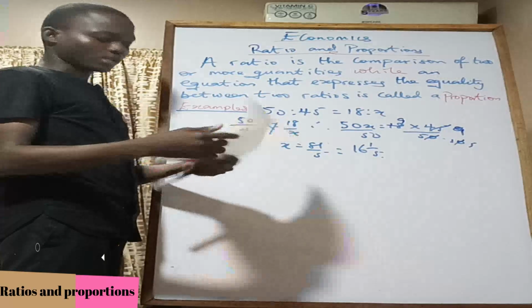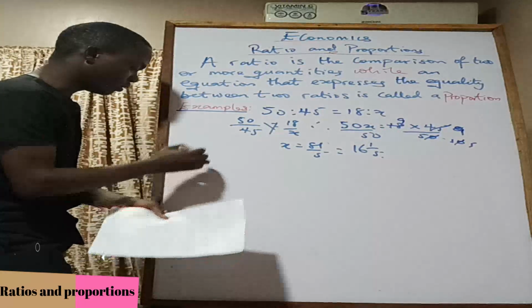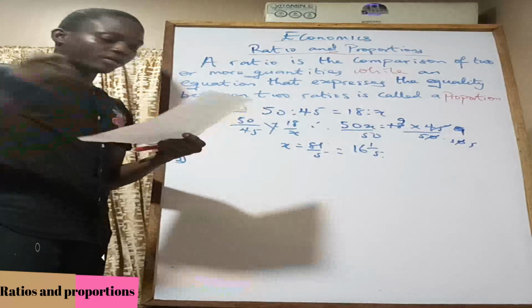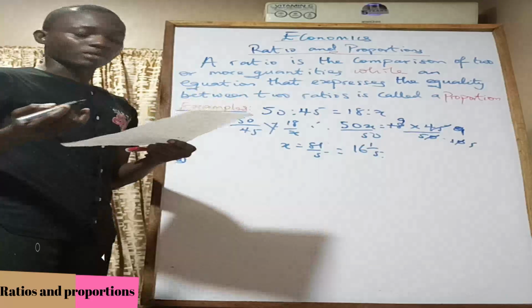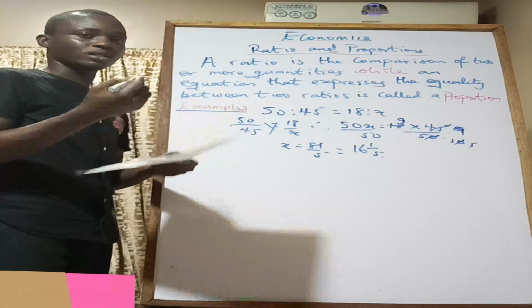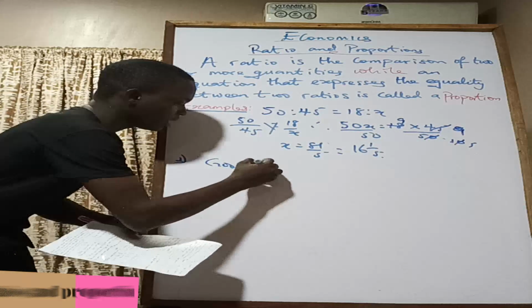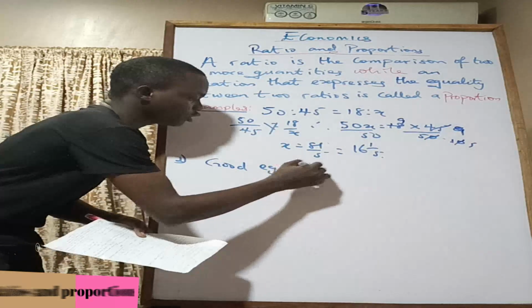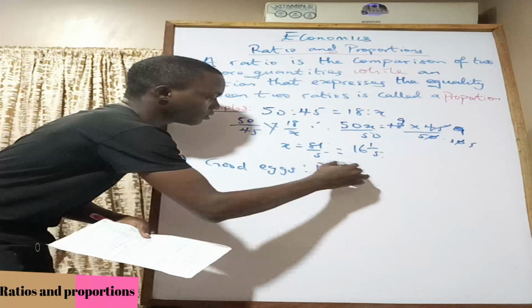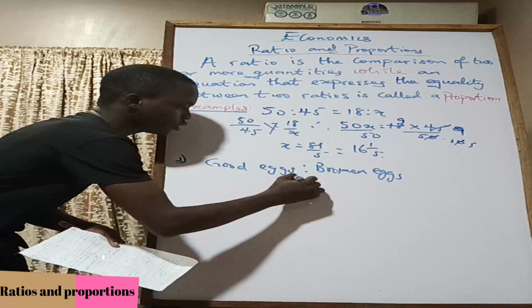Now, what other questions can we also discuss? So that's one example. The second example says, in a crate of eggs, the ratio of the good ones to the broken ones is 7 ratio 2. So good eggs ratio broken eggs is 7 ratio 2.